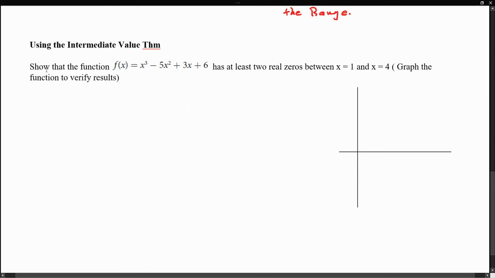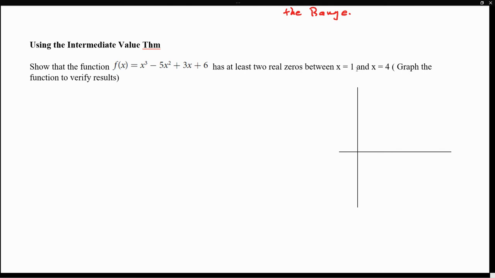Well, it says, let's show that the function, so here we have a function, has at least two real zeros between x equals 1 and x equals 4. And let's graph the function to verify our results. So again, we're not interested in what the zeros are, but we're just interested in showing that there are at least two real zeros between 1 and 4.